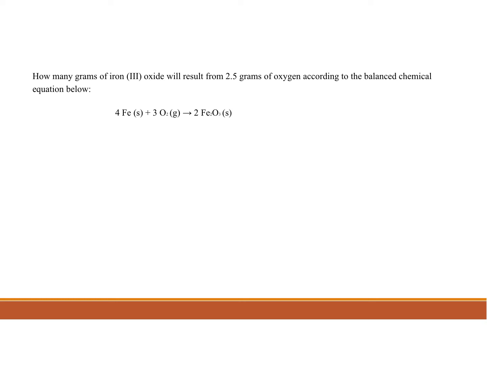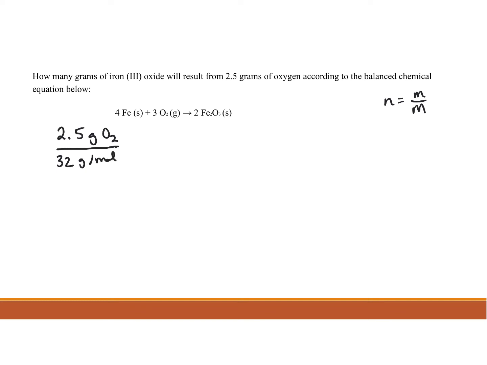So we're going to take the 2.5 grams of O2, and you convert it using that formula that we looked at earlier. The number of moles equals the mass divided by the molar mass. So we have the mass, 2.5 grams of O2, divided by the molar mass of O2, which is 32 grams per mole.